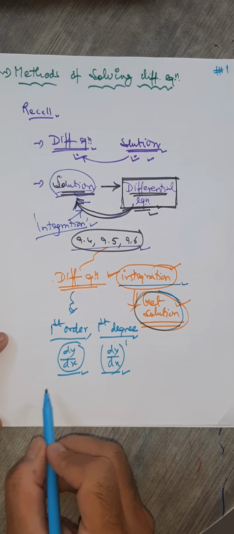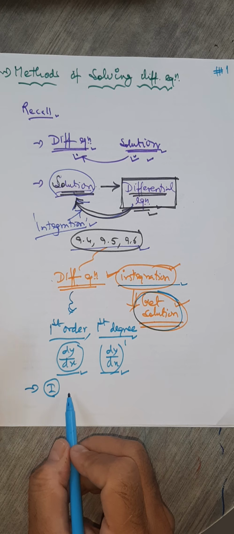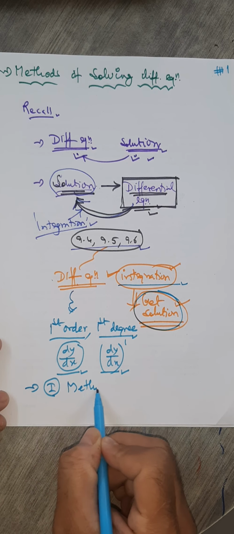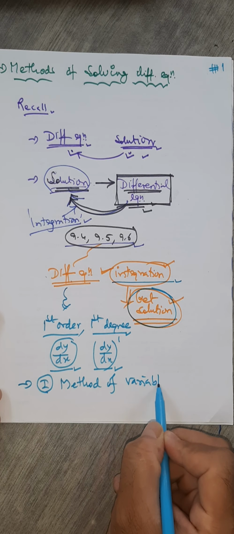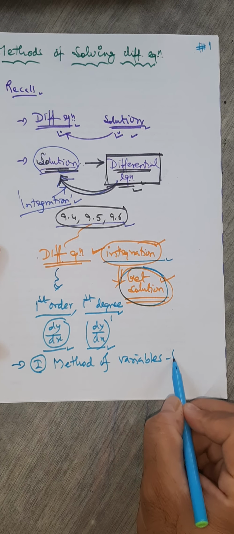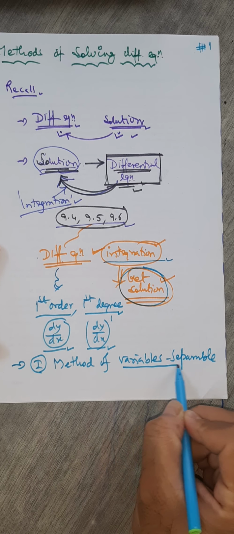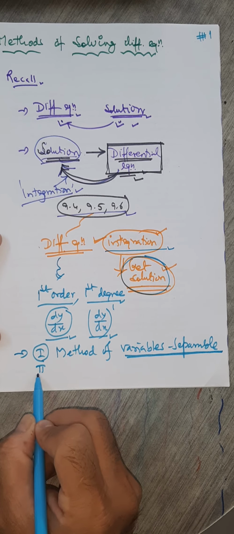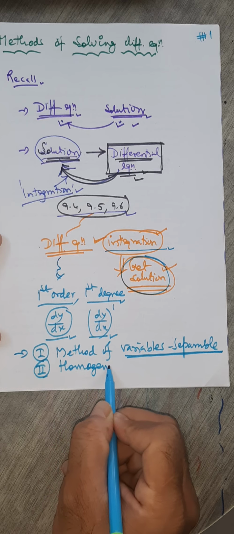Now we have three methods. The first method is known as the method of variables separable. The second method is called homogeneous differential equation.